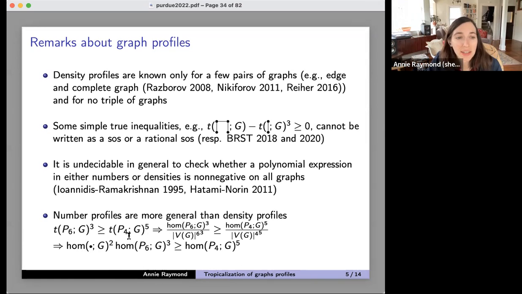So any density inequality can be written as a number inequality. The converse is not true, right? I can only do it if my inequality is balanced in the total number of vertices on both sides.